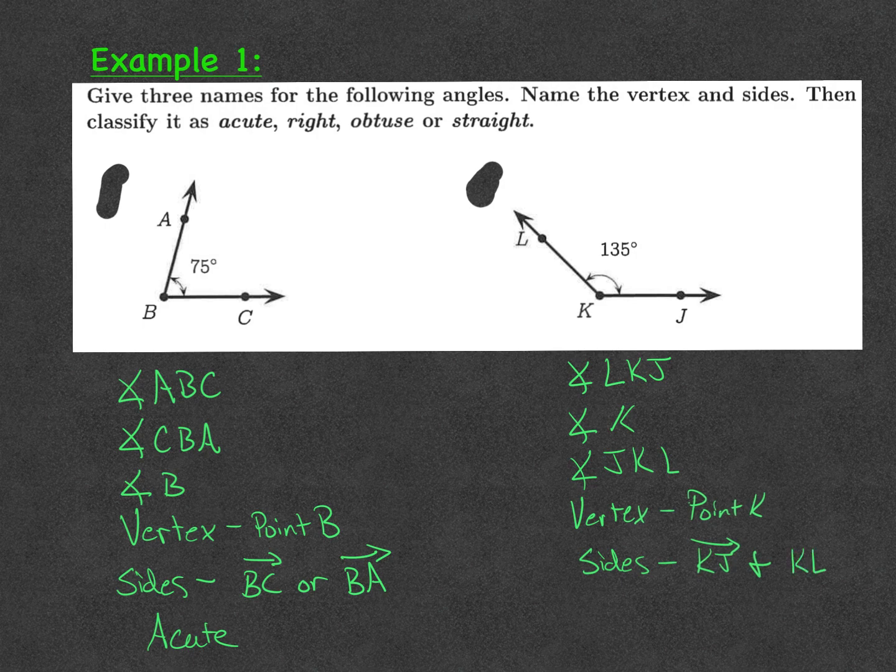Ray KL. And then lastly, Jalen, how do we classify this one? Is it acute, right, obtuse, or straight? Obtuse. It's between 90 and 180.